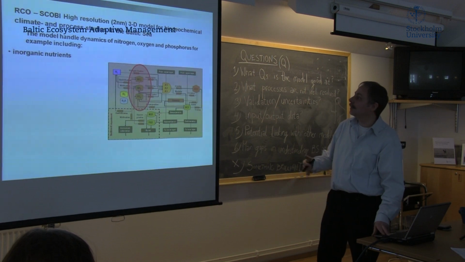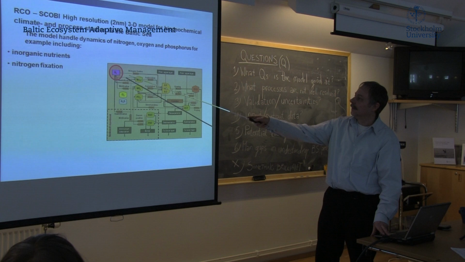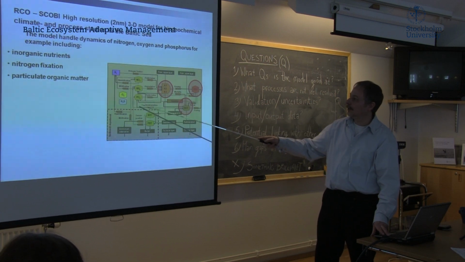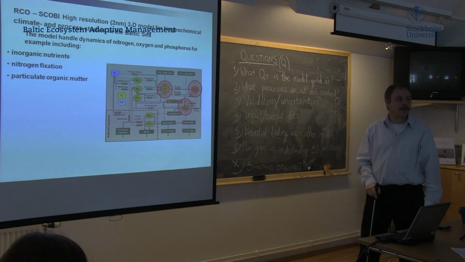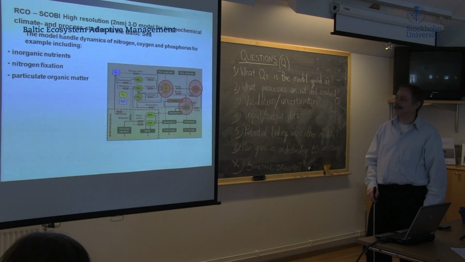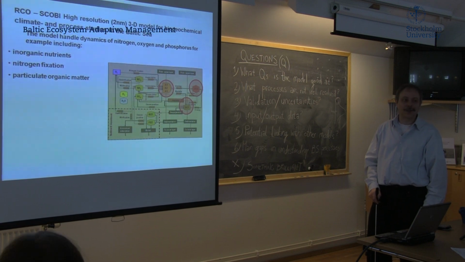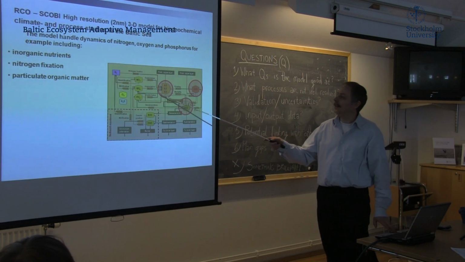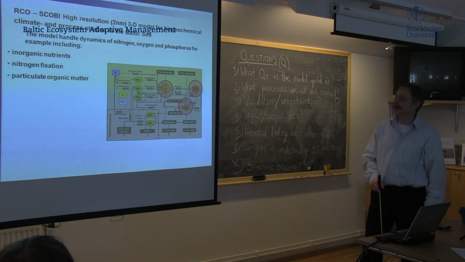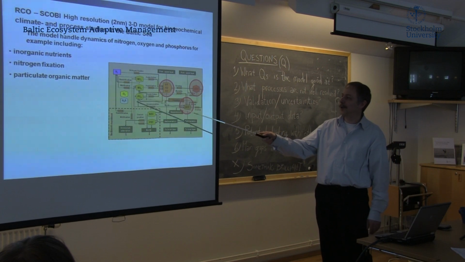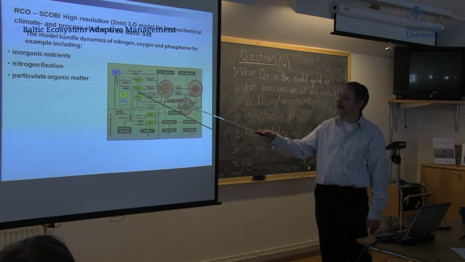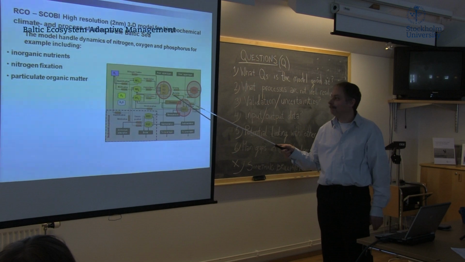Maybe I have here a list. So inorganic nutrients, nitrogen fixation is included, particulate organic matter. We have 3 autotrophs, and we call them diatoms, flagellates and others, and nitrogen-fixing cyanobacteria. But these are really classes. So think each of these state variables is an advection and diffusion equation plus sources and sinks. And the arrows here describe how you transform the nutrients, if you want, from one pool to another one.